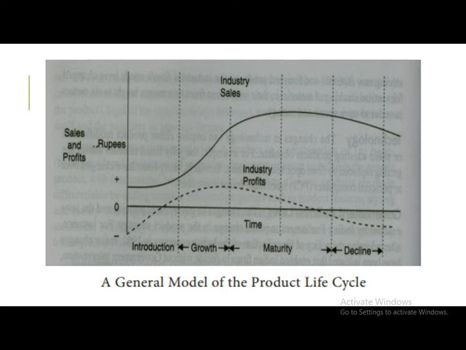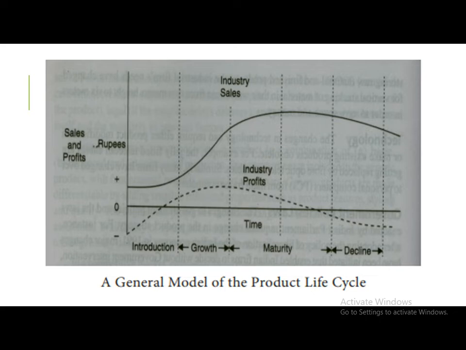So this is the general model of product life cycle where you can see there are four stages: introduction stage, then growth stage, then maturity stage and decline stage. So you can see the firm line, that is industry sales. At the introduction stage, the industrial sales are moderate.